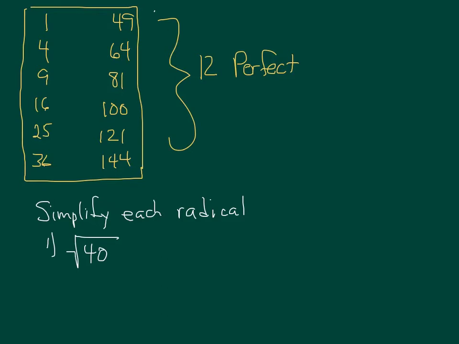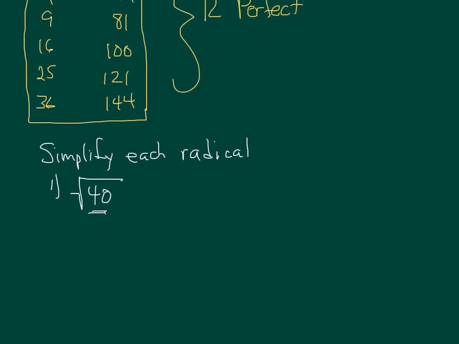What we're going to do is look to see if 40 is divisible by any of the perfect squares in our list above. And in looking through here, it looks like it's divisible by 4. So we would say that the square root of 40, and I like to do it with like a little tree, is the same thing as the square root of 4, because 4 goes into 40, times the square root of 10.